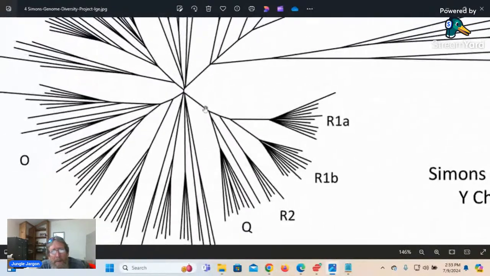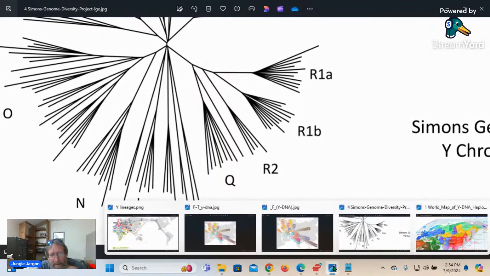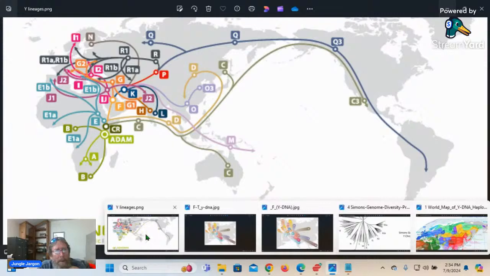But it turns out the P is a fairly significant haplogroup in Eastern Europe. So I don't know if I can find it here. Well, I probably got to look it up because I didn't get it.